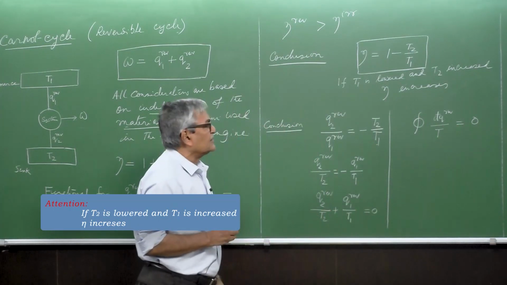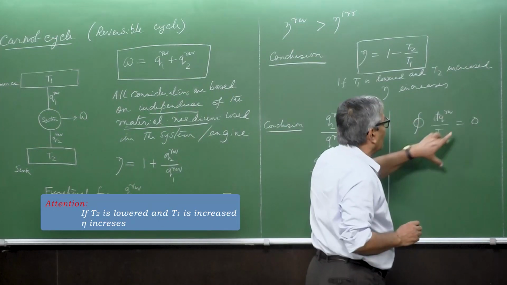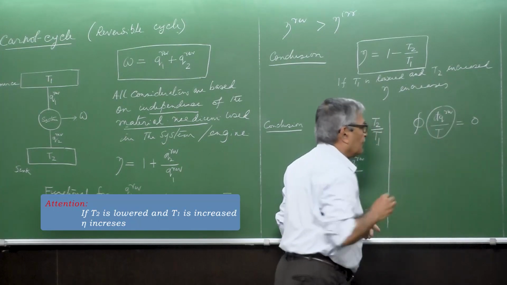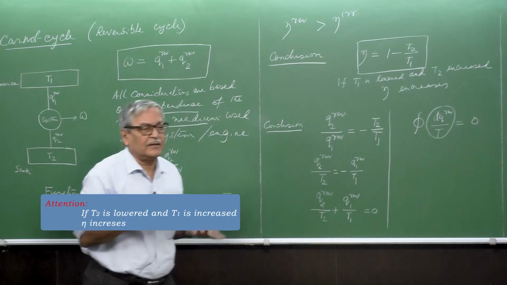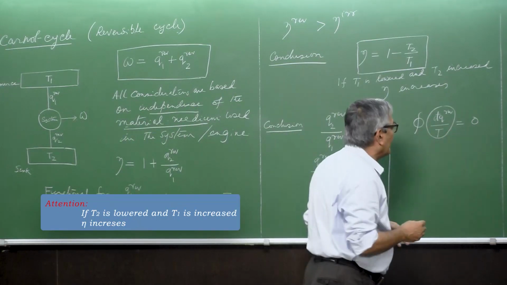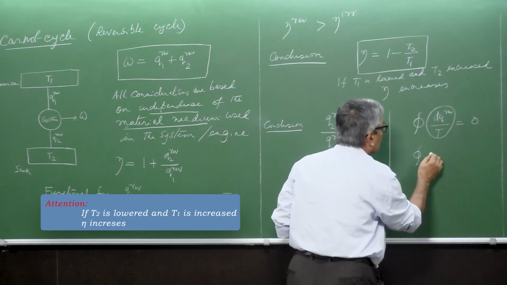Now, the very interesting thing is this, that we have got a cyclic integral of a differential which is 0. Now, any cyclic integral, if it is 0, then this must be a function.